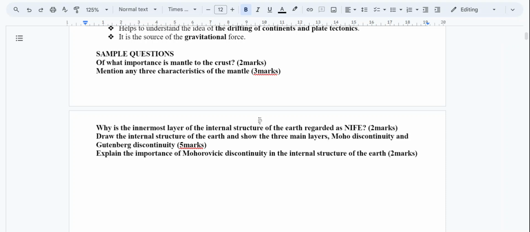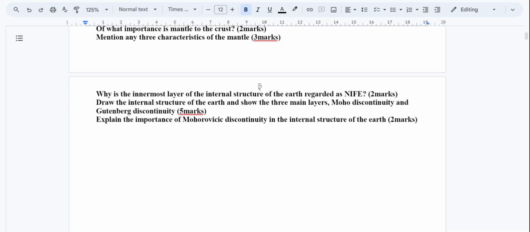So we have some questions that you have to respond to. Everyone should answer these questions. Number one, of what importance is the mantle to the crust? Number two, mention any three characteristics of the mantle.